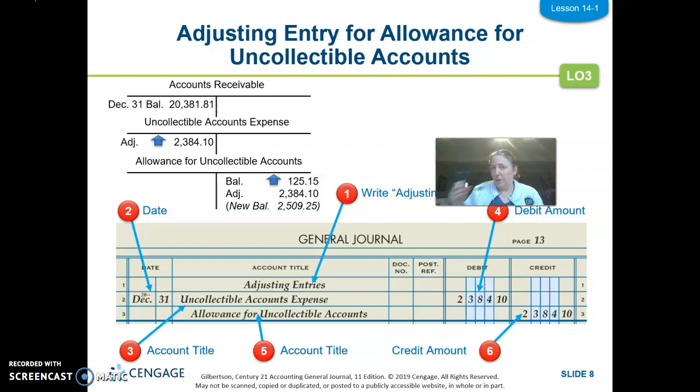The only other thing, a couple things that I would mention, is consistency of principle. Once I have chosen which method to use, percentage of net sales or percentage of AR/aging, I have to consistently use that. Also, those percentages that we used are historically based. We're going to continue to use those unless there is a big indication that those are not accurate. So that's consistency.